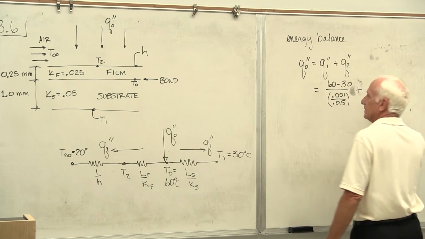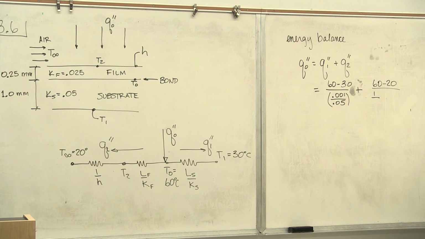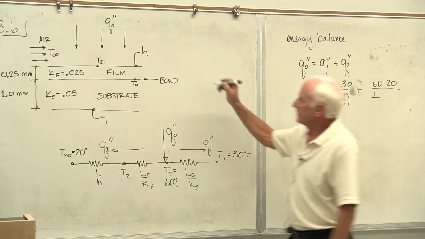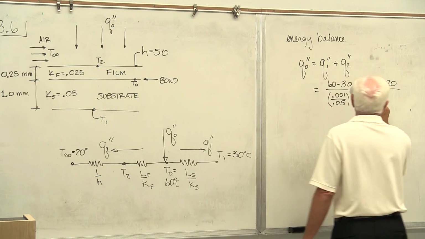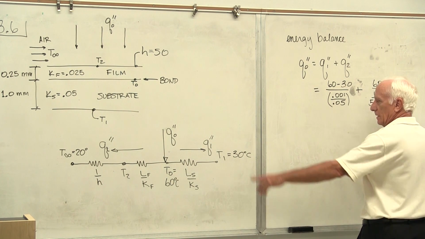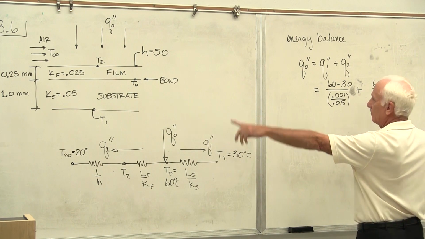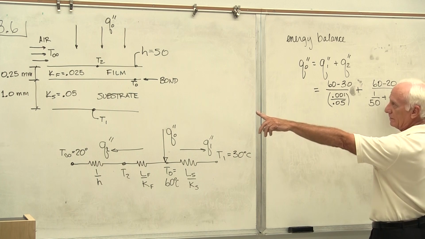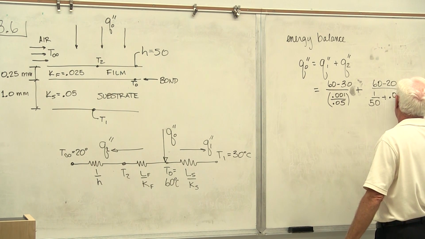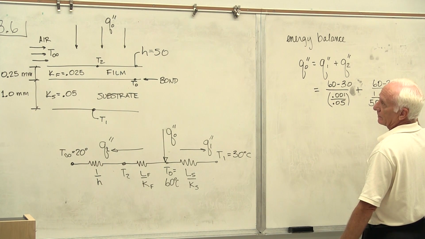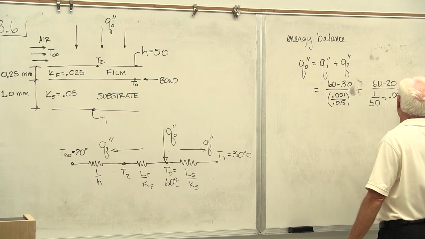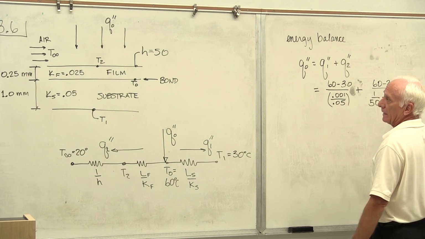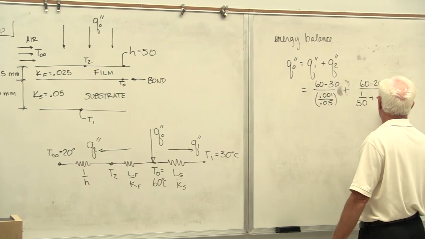H was given, H was 50. 1 over 50 plus L of the film, 0.25 millimeters, that's 0.00025 meters, divided by K of the film, 0.025.